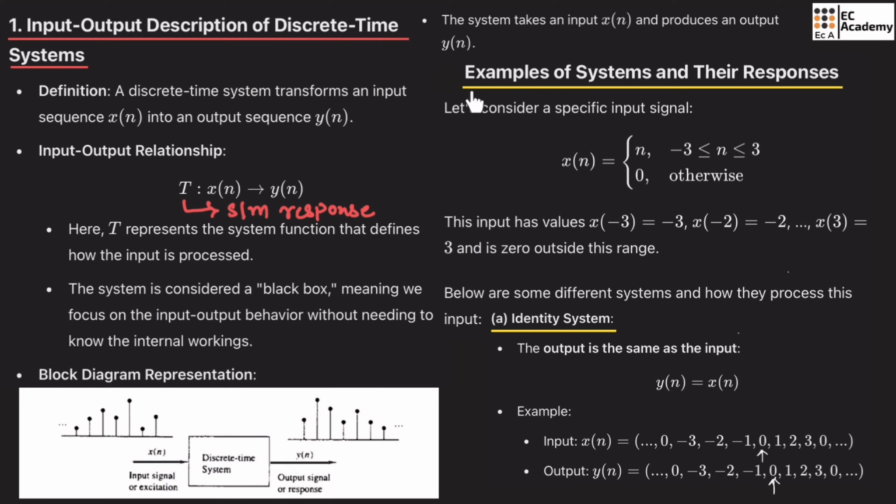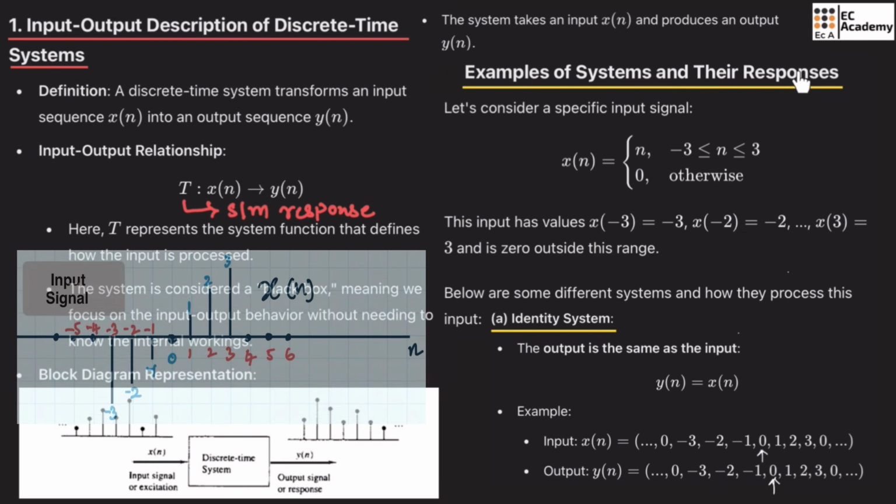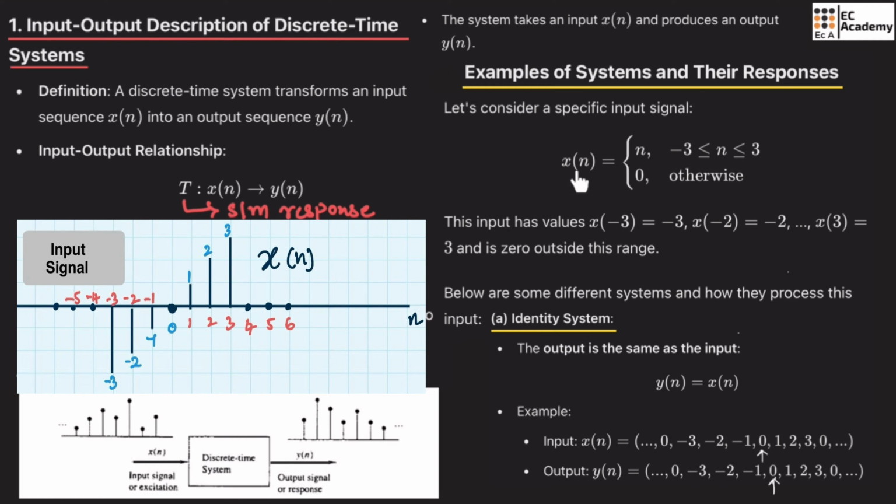Now let us take an example to understand the system and its responses. Here we have taken x of n equal to n for n ranging between -3 to 3. For other values of n, x of n will be equal to 0. So n ranging from -3 to 3 means this input signal will have 7 samples from -3 to 3.